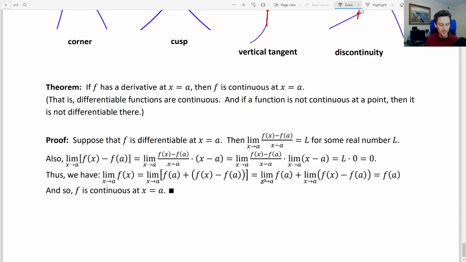It's like taking the limit as x approaches 1,000 of 5. Well, it's just going to be 5 because 5 doesn't change no matter how x changes. So what's left over here is just f of a plus 0, which we can write as f of a. So what we've shown is that the limit is equal to the function value at x equals a. And so therefore f is continuous at x equals a. And that takes us from differentiability to continuity.